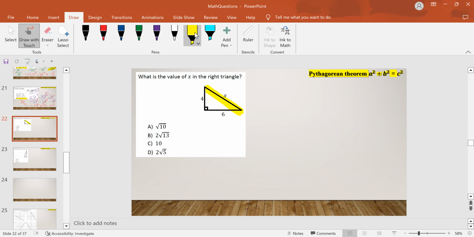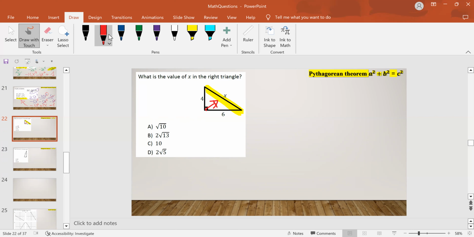When you have the right triangle, just make an arrow from that right angle pointing to the side directly in front of that right angle. So here, x, which is the side I highlighted in yellow, is the hypotenuse. And that hypotenuse is always c.